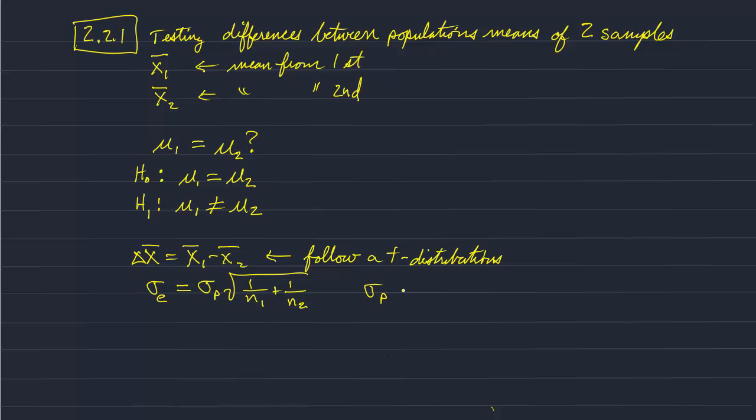And sigma p is the pooled standard deviation, and that's defined as the square root of n1 minus 1 times sigma 1 squared, the variance from the first population, plus n2 minus 1 times the variance of the second population, and that's all over n1 plus n2 minus 2.